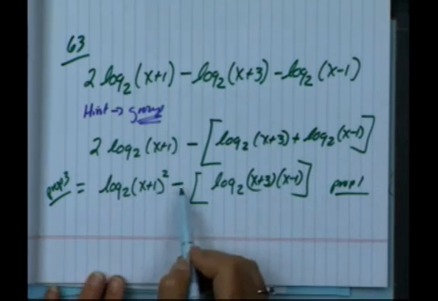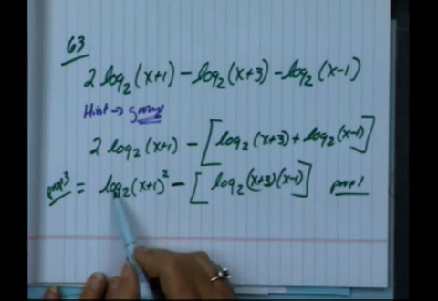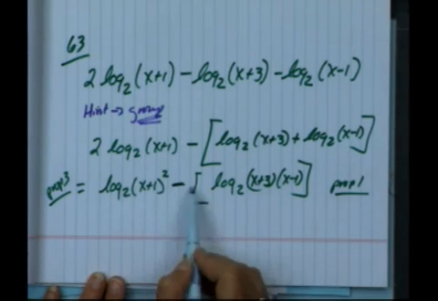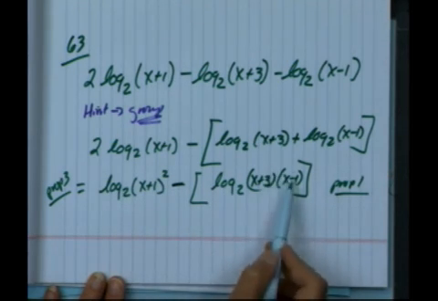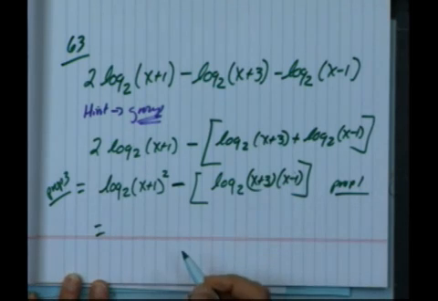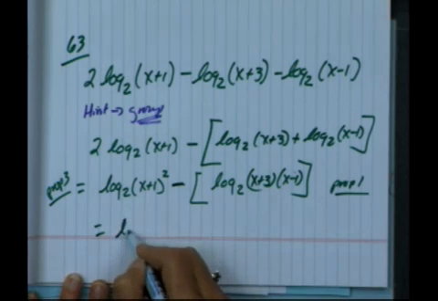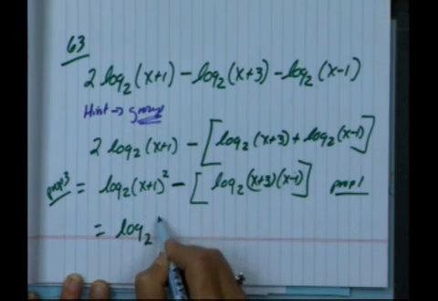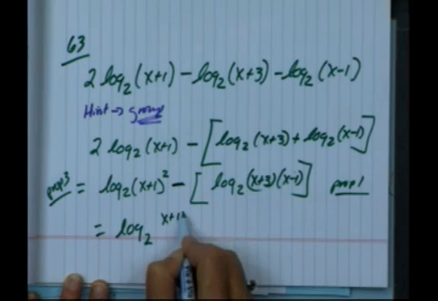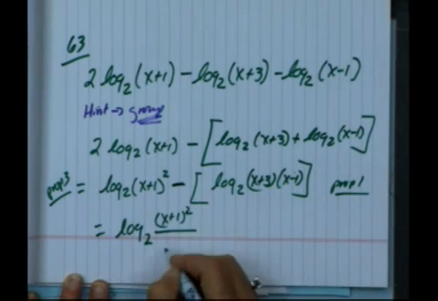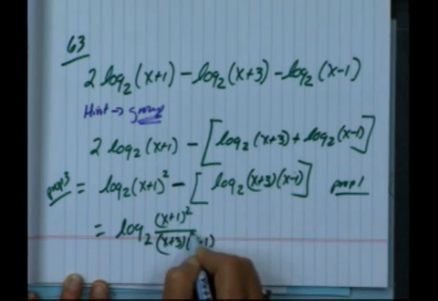Now I have log to the base 2 of something minus log to the base 2 of something else. What are we going to do now? Divide. Log to the base 2, the numerator is x plus 1 squared. The denominator is x plus 3 times x minus 1.